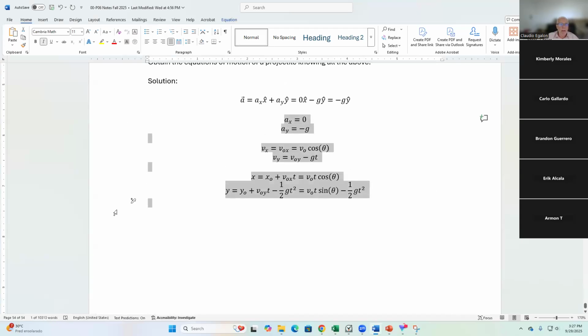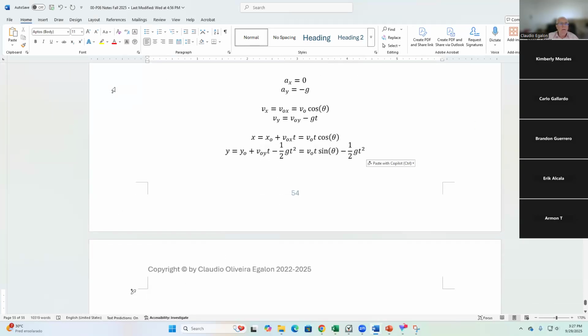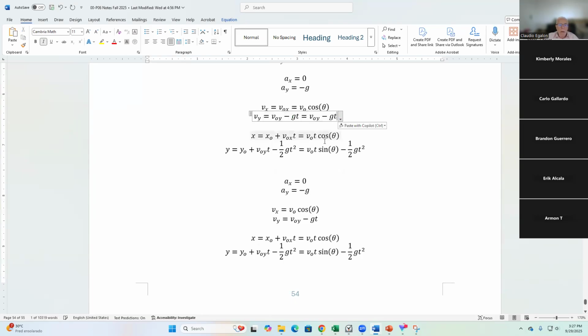Let's just copy it, paste it, right? There's nothing that we need to do here. All I have to do here is eliminate this term to look at it better. Here, I didn't finish, right? Let us finish this one here. V naught sine of theta. Okay.